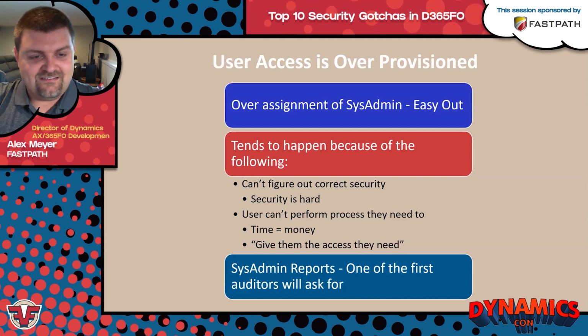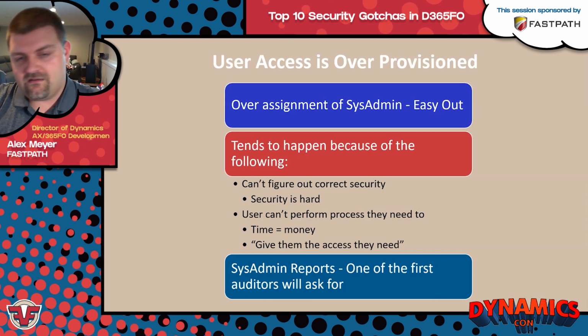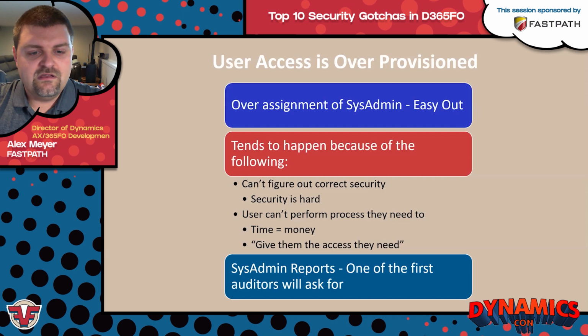I have that listed as an easy out because it is, but that's happened more times than I can count, through the many customers and clients that we've dealt with.